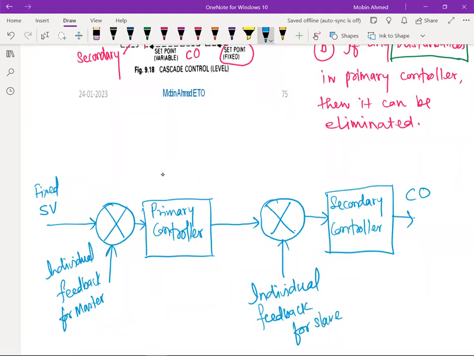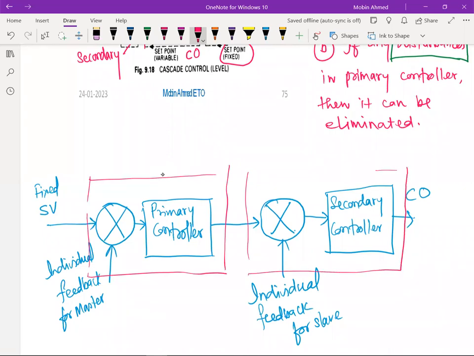Okay, we have written here secondary. You can write slave also. Primary, you can write master also. So this is a master controller, and this is going to be the slave controller. So like this arrangement, this is known as the cascade arrangement of the control system.